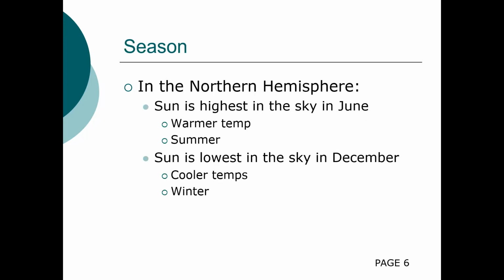Season is the next reason that the sun changes where it is. In the northern hemisphere, the sun is highest in the sky on June 21st, which is the first day of summer, by the way. And because the sun is high in the sky, that's one of the reasons we're going to have warmer temperatures. Just like it's warmer at noon than it is in the morning, it's warmer in the summer than it is in the winter, again, because the sun's high in the sky.